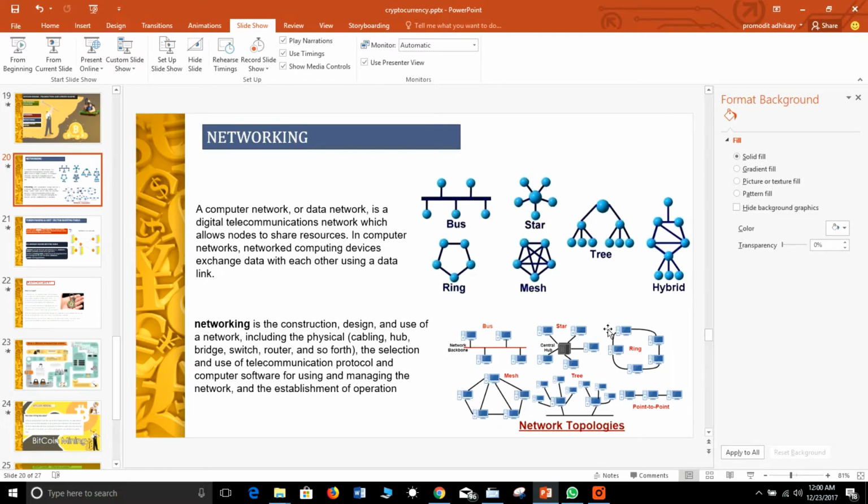Networking is the construction, design and use of a network, including the physical, maybe cabling, hub, bridge, switch, router, or a non-physical medium like Wi-Fi, LAN or internet. It includes the selection and use of telecommunication protocols and computer software for using and managing the networks and establishment of operation.